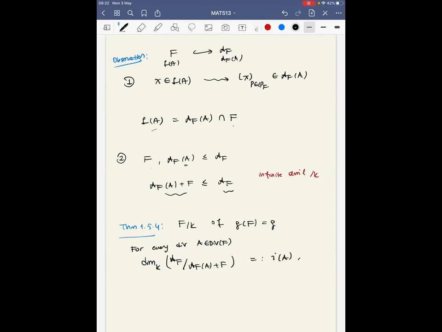and this dimension, which is denoted by i of A because it will have a special name, is nothing but the dimension of the Riemann-Roch space of this divisor minus its degree plus g minus 1. So it's a similar statement to the equation which appears in the Riemann-Roch theorem. And later we will see why we have these similar statements.